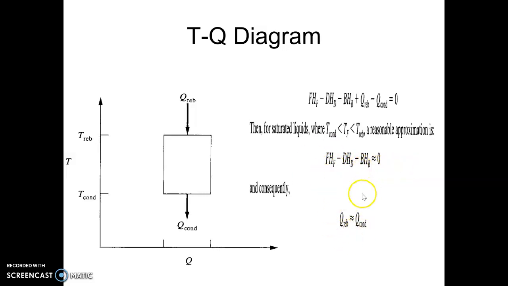So we can say the distillation column in terms of energy can be qualitatively represented by the energy associated with the reboiler and condenser and their temperatures, and since these are latent heats, the temperature is not changing with change in energy. So this is your condenser duty, this is your reboiler duty, and this is your distillation column on the TQ diagram. This is at the condenser temperature, this is at the reboiler temperature, and we can represent the distillation column through this box.